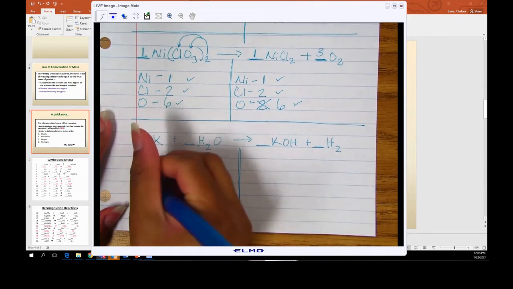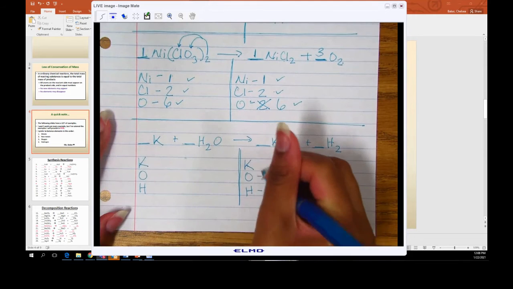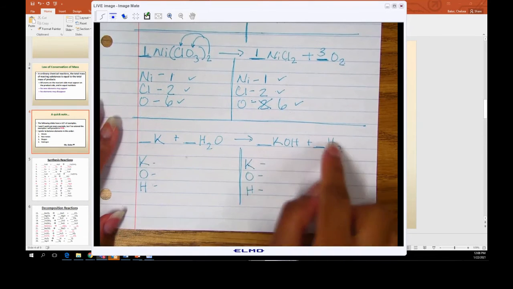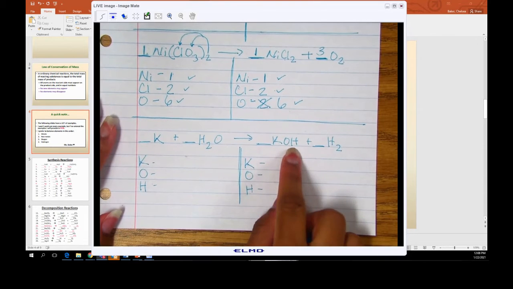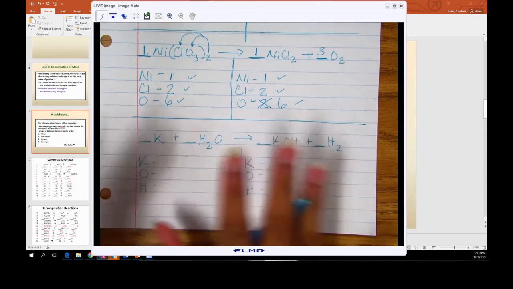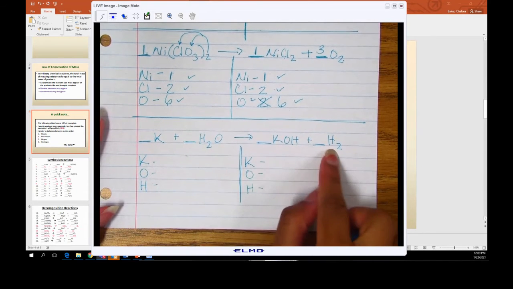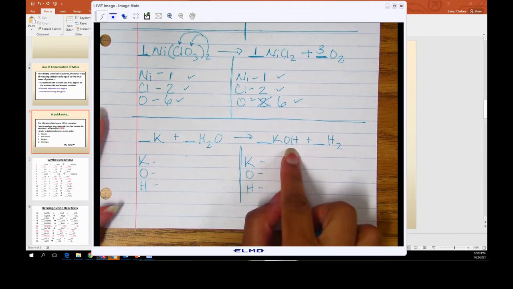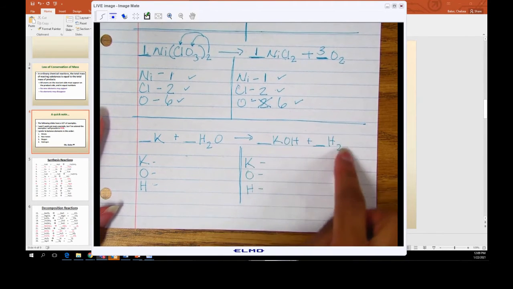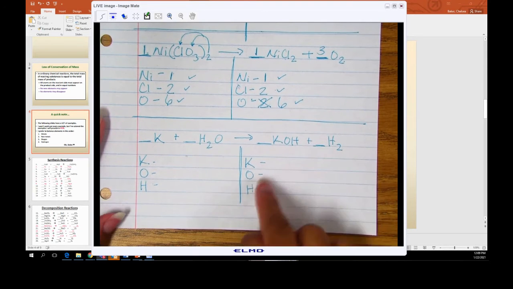I'm going to list out the elements that I have present. So I just have K, O, and H, K, O, and H. And you can see that hydrogen appears twice, right? This is what I was talking about, which is why I leave my hydrogens for last. Because hydrogen is present in 2 places on the same side of this equation, right? It's in the potassium hydroxide and it's in this elemental hydrogen, or this molecular hydrogen rather. So I'll deal with hydrogens last.